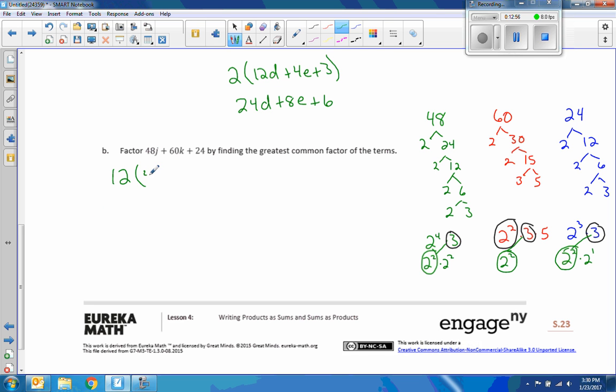48 divided by 12 is 4J, plus 60 divided by 12 is 5K. And notice what's left over. 2 squared is what goes inside. What's left over, 5, is what is here. And what was left over here was a 2 to the 1. 24 divided by 12 is definitely 2.